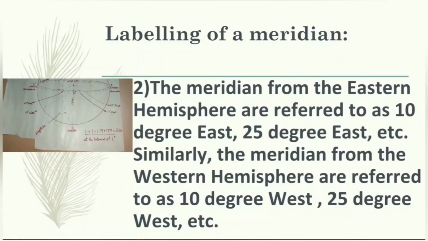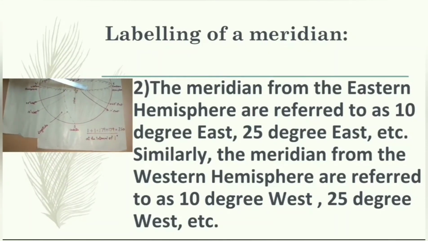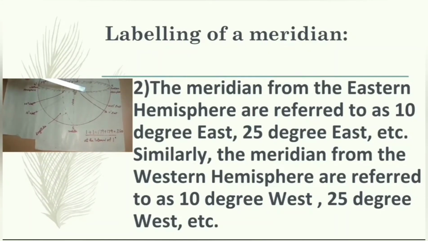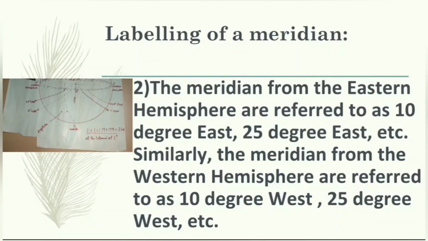See the next one, 25 degree east. I will write 25 degree. This is 20, 30. Here 25 will come in the middle. So how will you write it? 25 degree east. Is it clear? Now in the same way to the west.